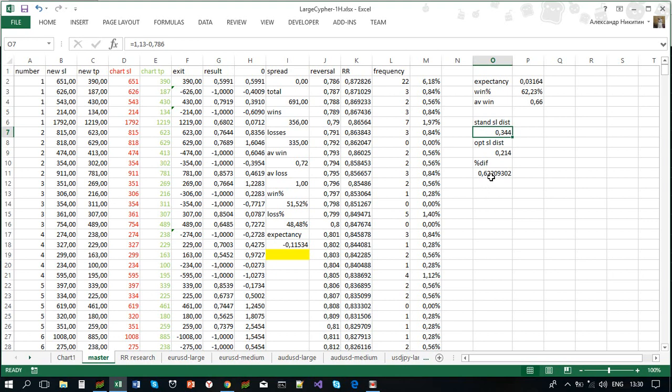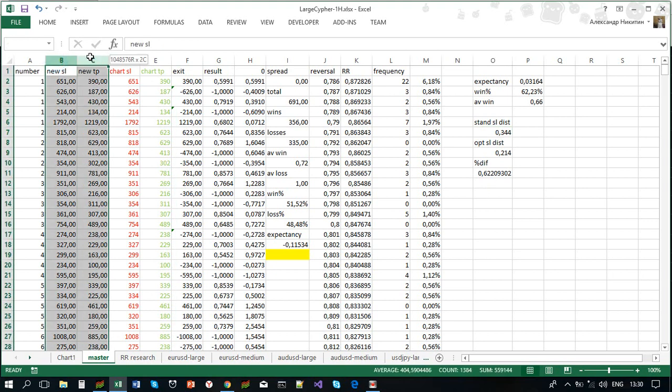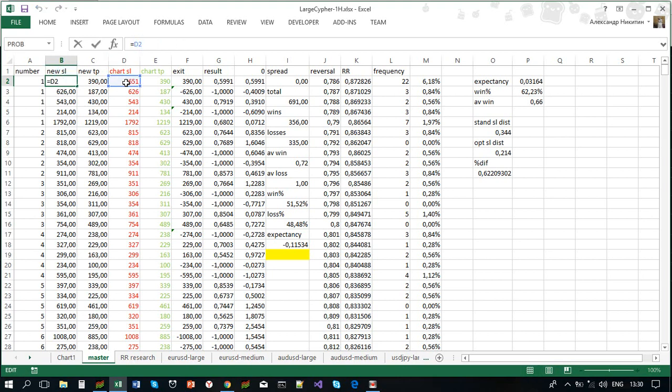Yes? Yes. Okay, and that's why we need the new stop loss and new take profit columns. Right now it equals the chart stop loss. Yes? But I want this stop loss to be 0.62. So what I need to do, 0.62, what are the other digits, 209, 305, okay, it will be enough.